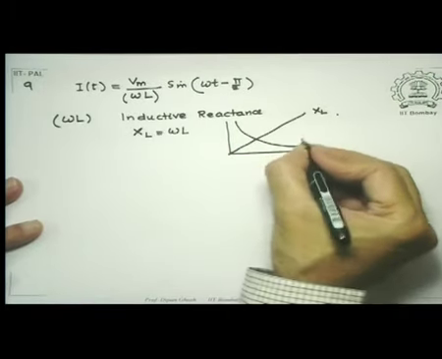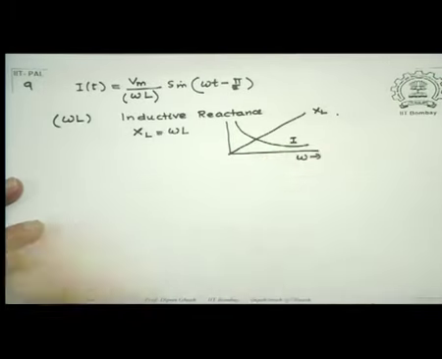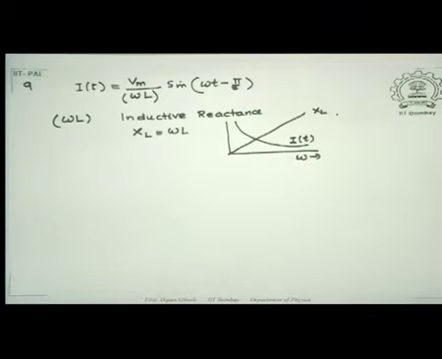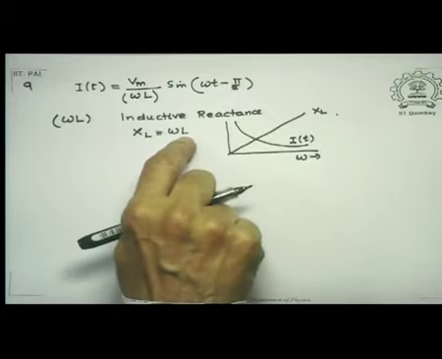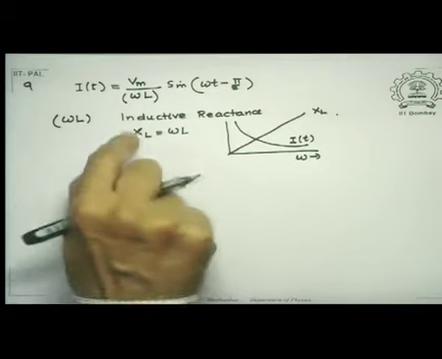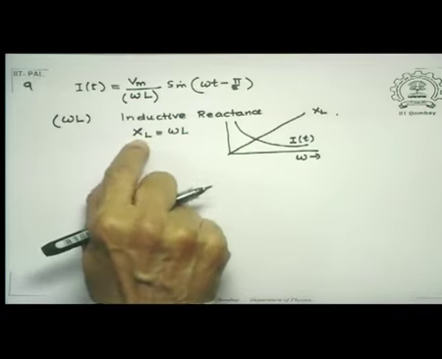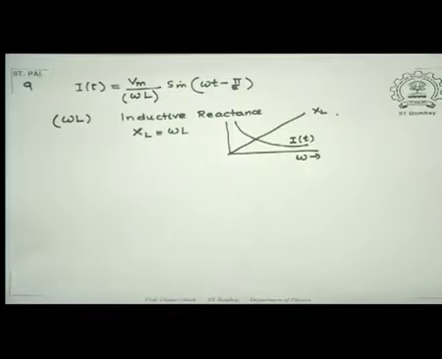So this is the way the current at any instant of time would change, provided I am plotting it against the frequency. This is called inductive reactance. As the frequency increases, the inductive reactance increases, and as a result the current decreases.